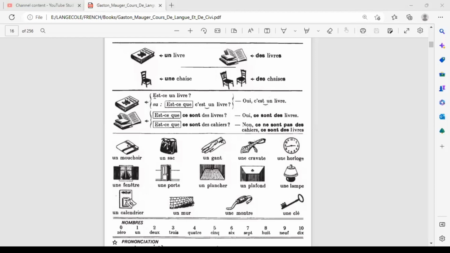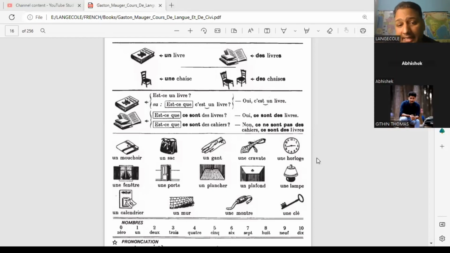Okay, similar to est un livre, there is another type of question where we add est-ce que before any affirmative sentence, and it becomes a confirmatory question. What are confirmatory questions?